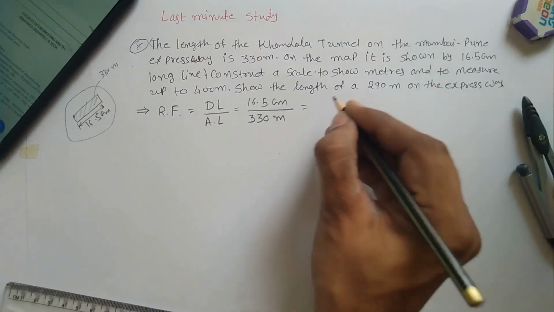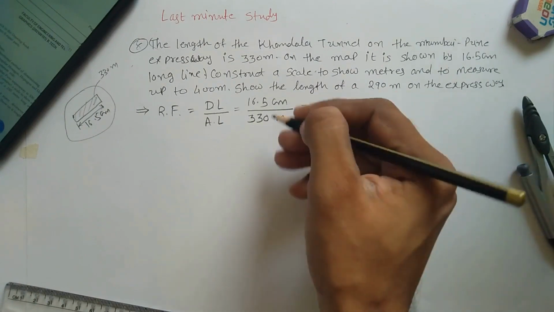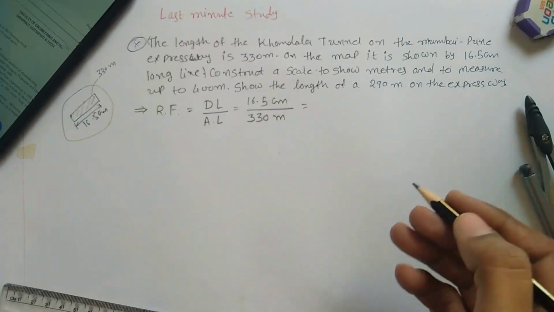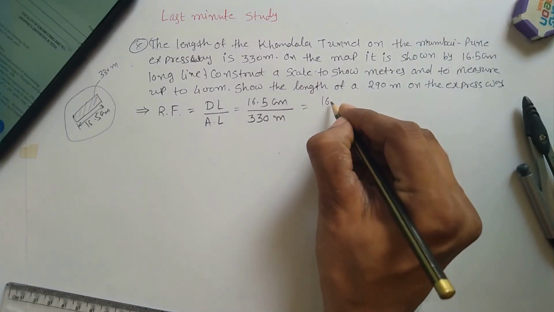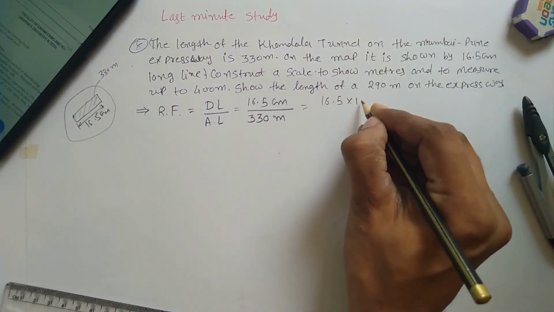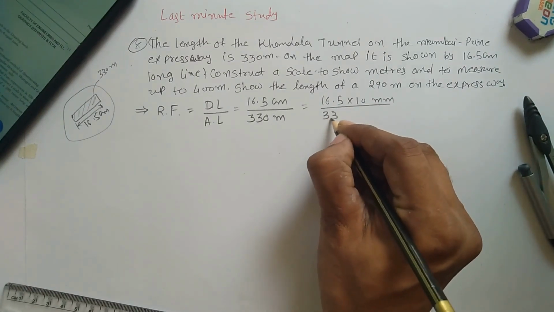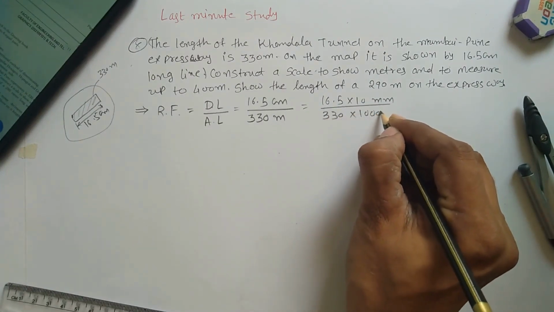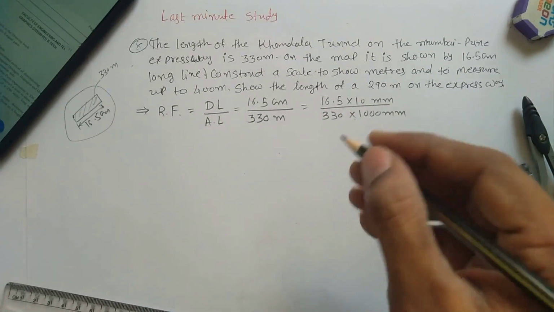As a ratio is nothing but a unitless entity, you have to convert all things into a single unit and eliminate them. So 16.5 into 10 mm divided by 330 into 1000 mm. So meter into mm and centimeter into mm.